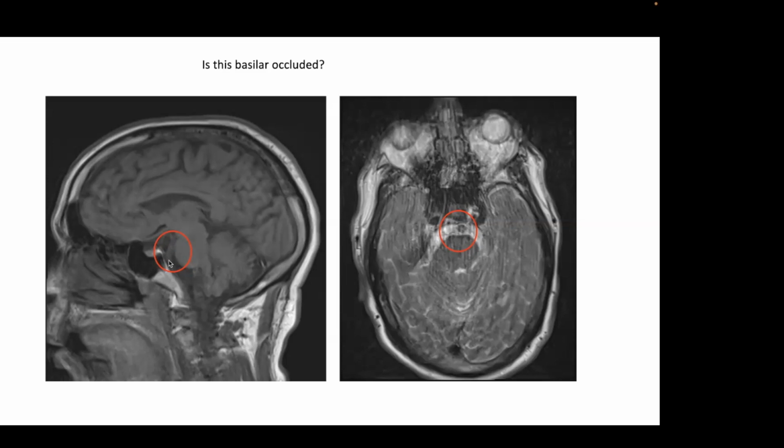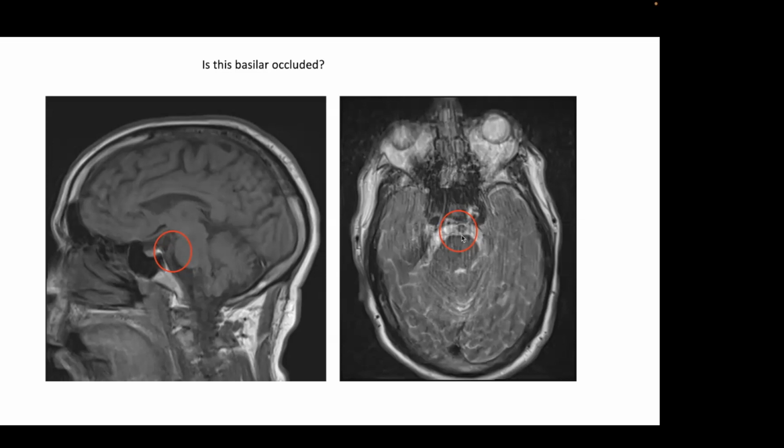You can often have patients with atherosclerotic disease involving the basilar artery, and you'll note on the T2 weighted scan, you see the flow voids in the carotid arteries. But what I want you to acknowledge is the fact that the basilar looks a little different than the flow voids in the carotid arteries.